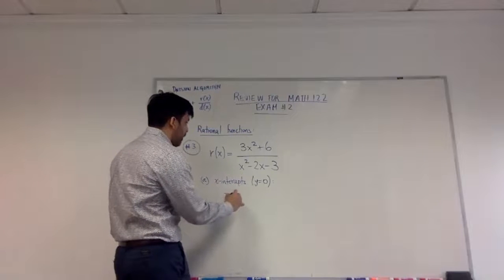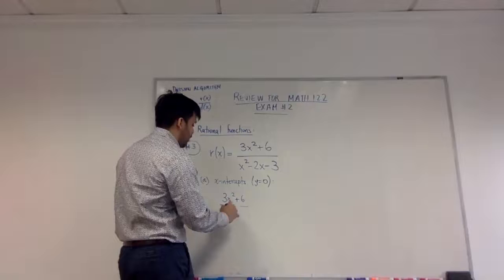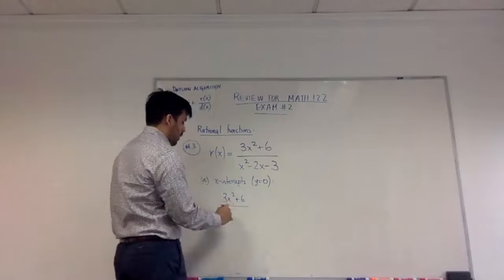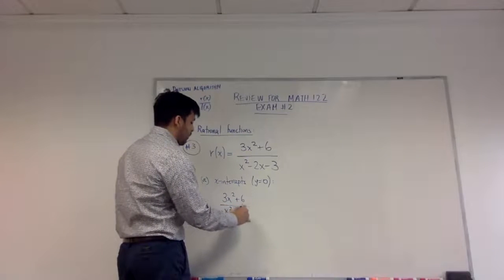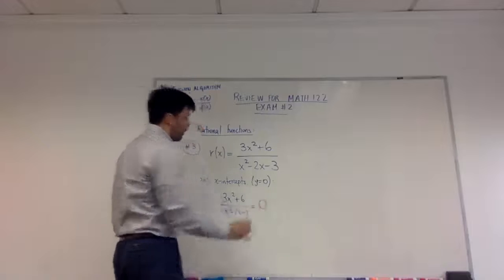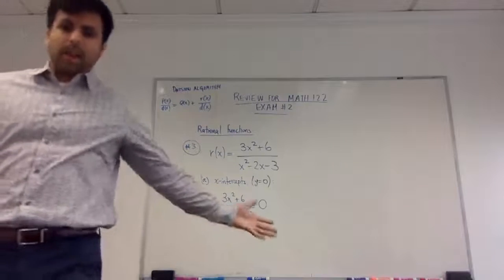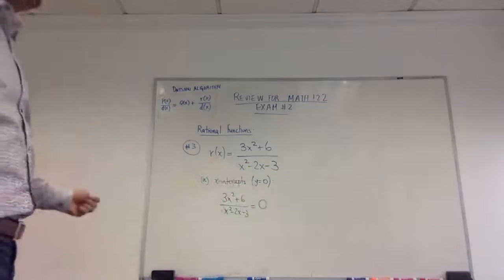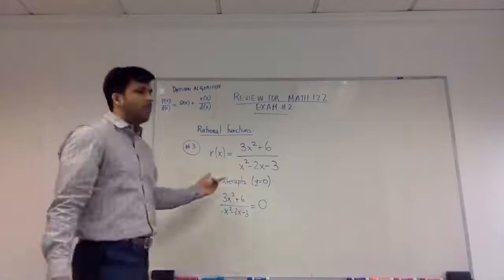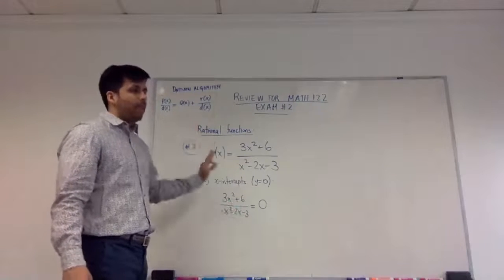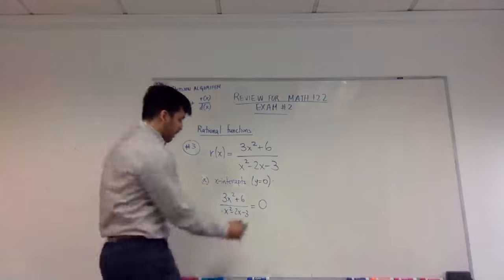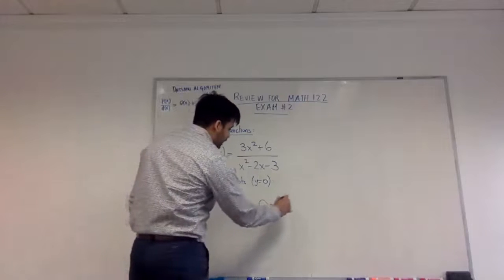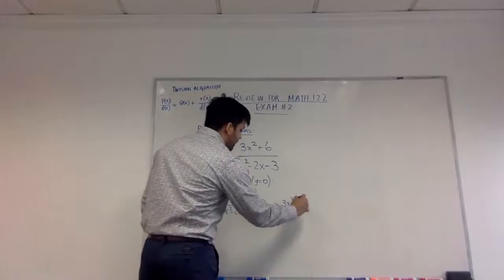So 3x squared plus 6 over x squared minus 2x minus 3 must equal 0. It's the fraction, right? Fraction must equal 0. But the only way for the fraction to equal 0 is if my numerator were to equal 0. So then I really mean to say 3x squared plus 6 equals 0.